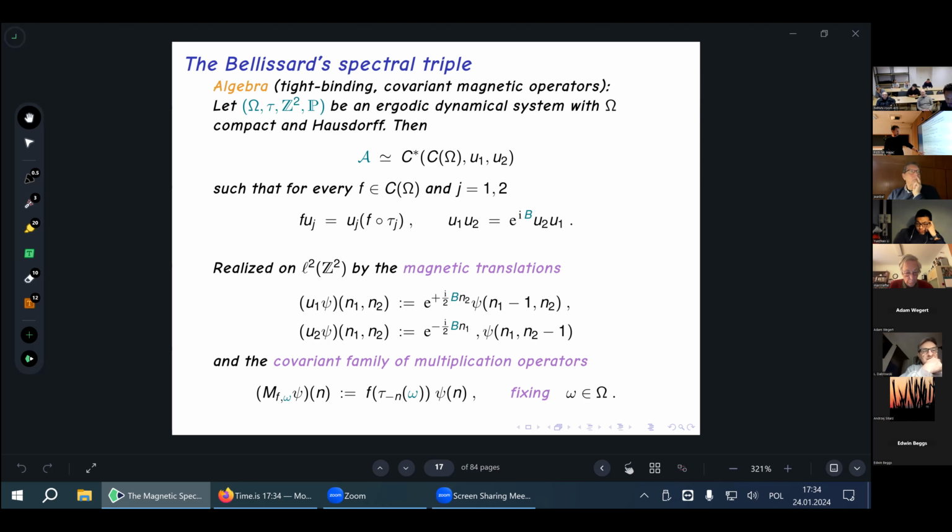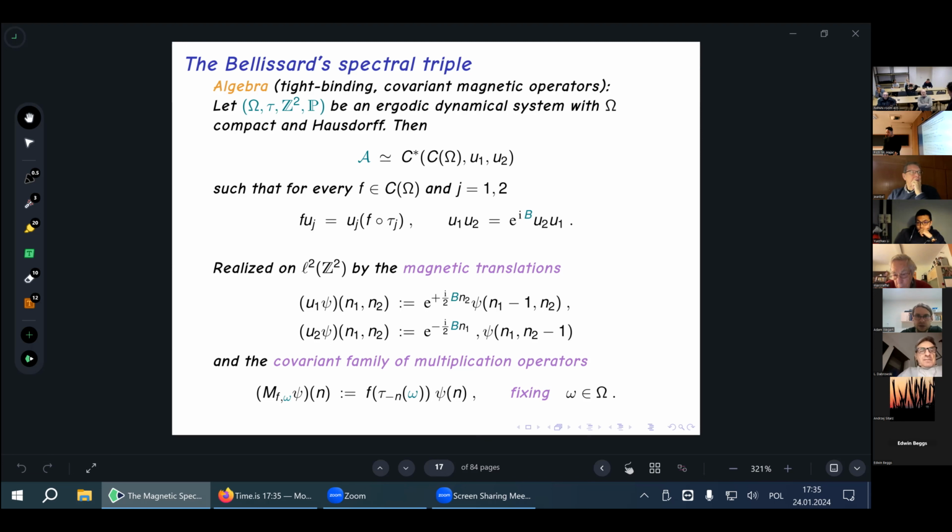Then I can define an operator, the multiplication operator, which I call M_f omega, such that when I apply this to the vector psi in L2 of Z2, what I obtain is psi evaluated at n, and f evaluated at the translation of omega with respect to minus n. Okay, this gives a representation of my algebra C omega on my Hilbert space L2 of Z2, and you can prove that these relations are indeed satisfied.